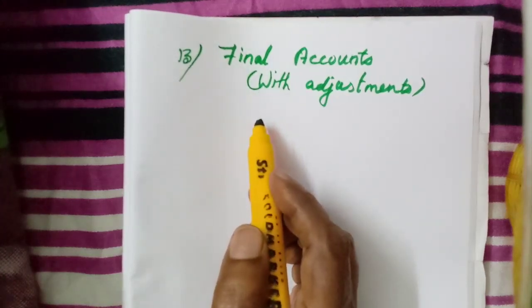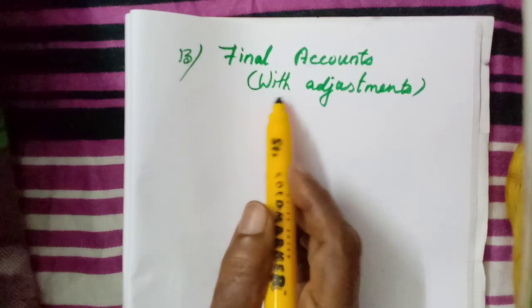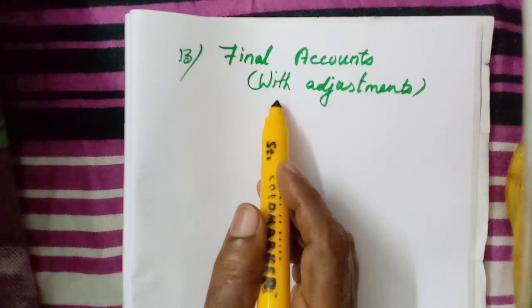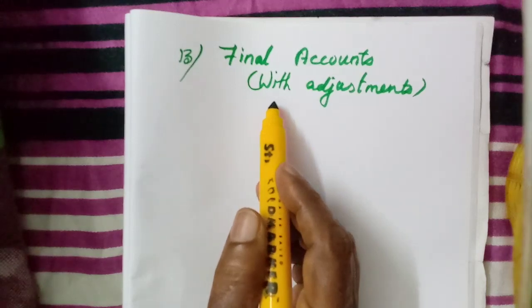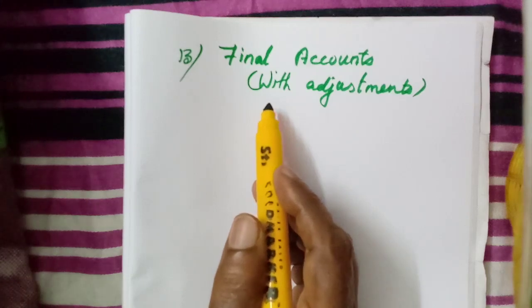So first we should see the purpose why we have to make adjustments for the final accounts. Why? Because some expenses and some income have to be paid or have to be received. In the trading account and profit and loss account we are entering the expenses and the income, isn't it?